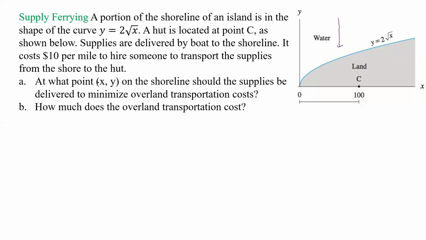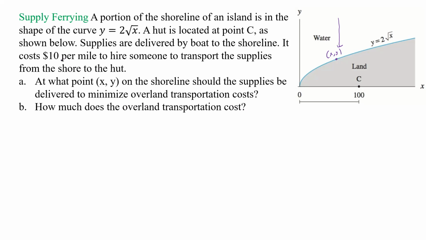And we want to find some point x, y on the shoreline that's going to be delivered to minimize the overland transportation cost to point C. So I'm just going to draw an arbitrary point here, and we're going to say that's some point x comma y. And we want to know how much does the overland transportation cost?